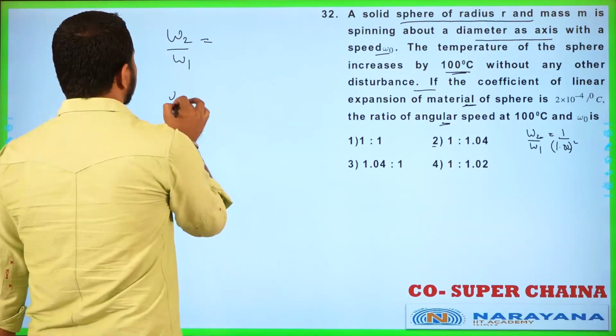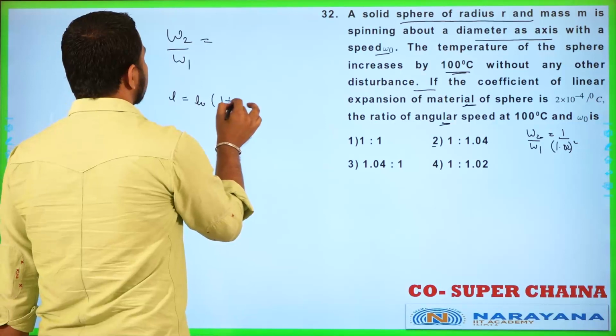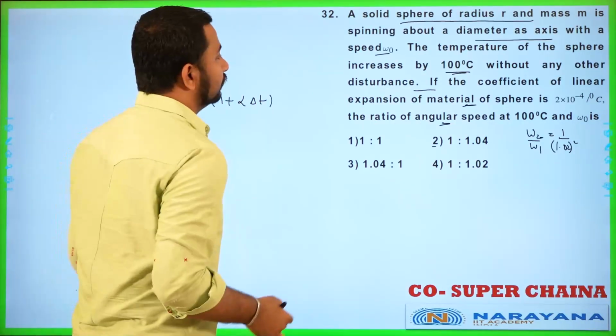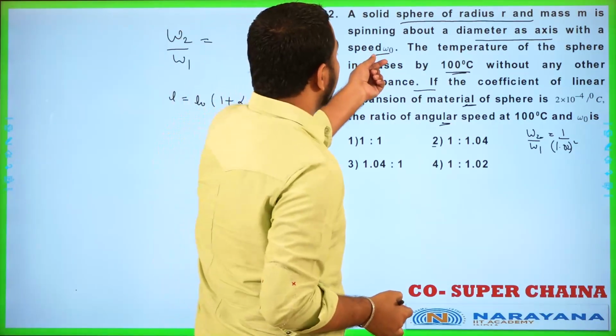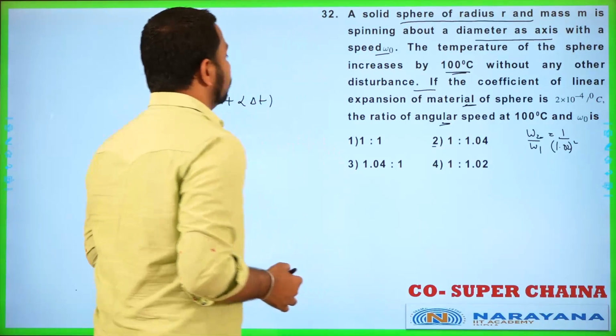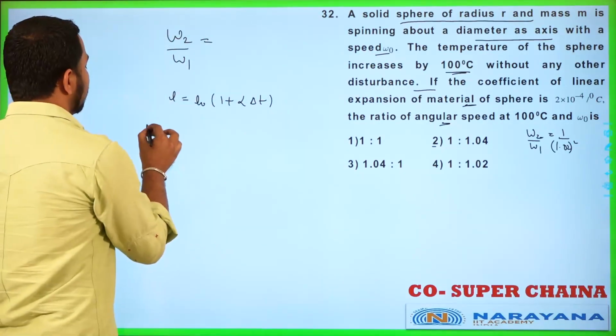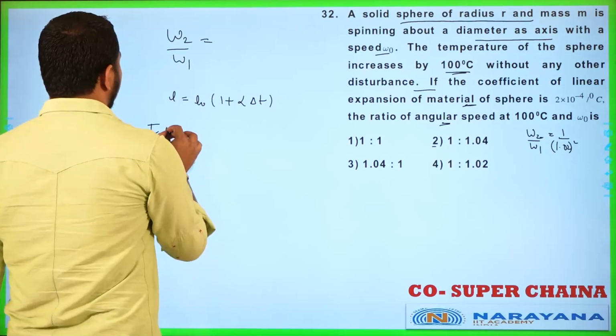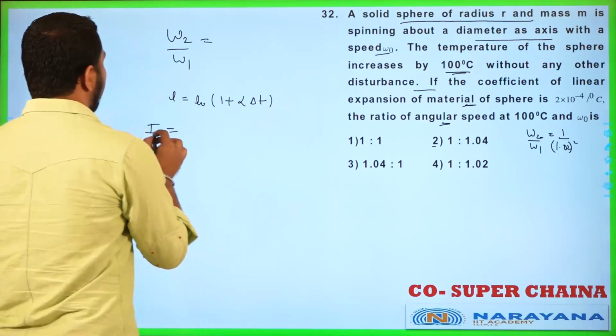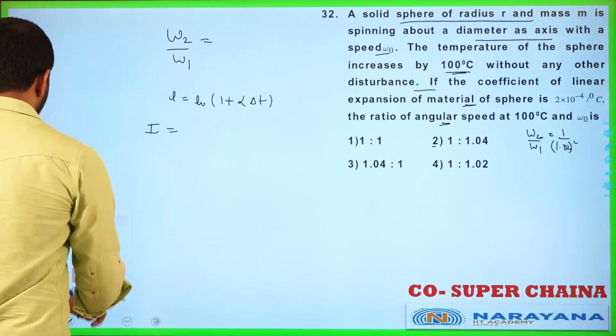You know the expansion L is equal to L0 times 1 plus alpha delta T. Spinning about this, so I will be equal to, you know, angular momentum conservation we can apply here.